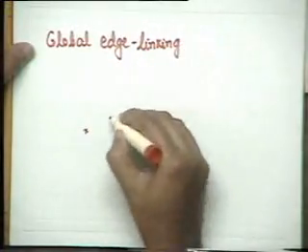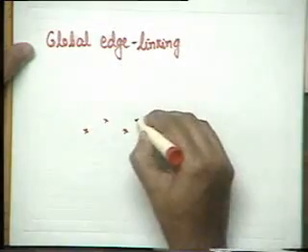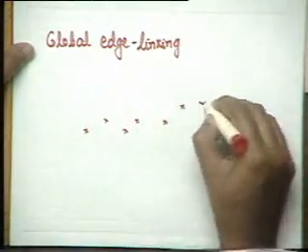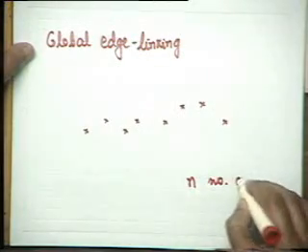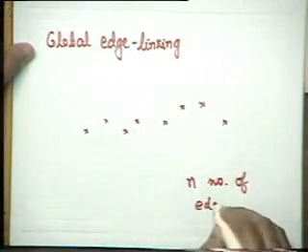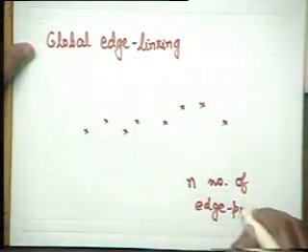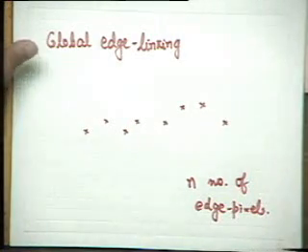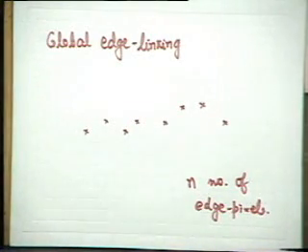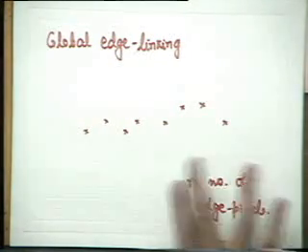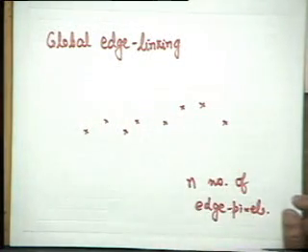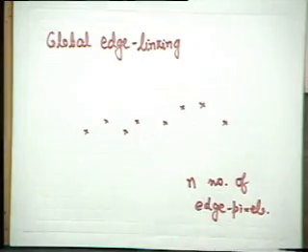Supposing there are n number of edge pixels, our interest is to find out which subset of these n pixels belong to a straight line of interest.